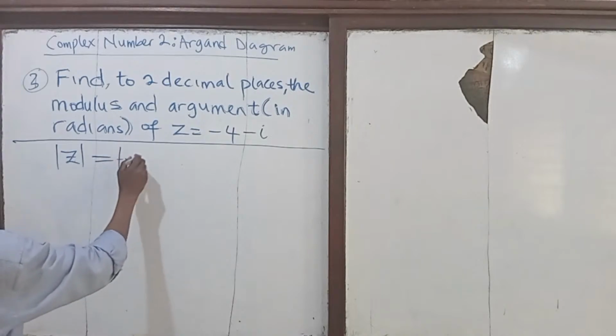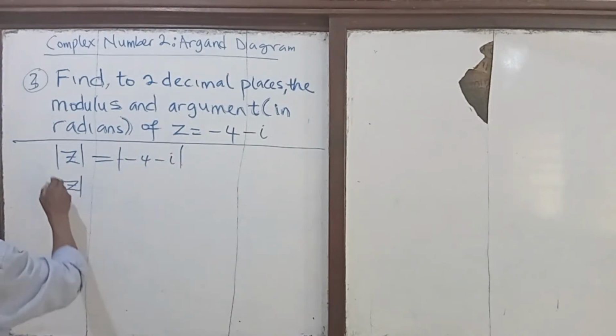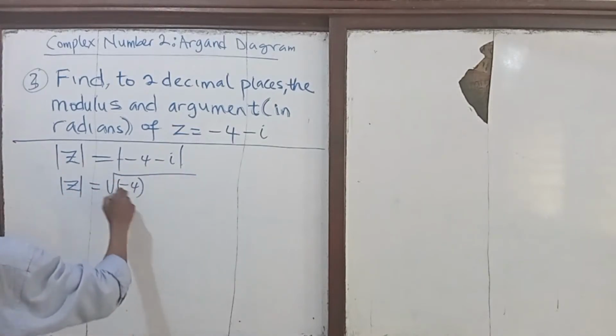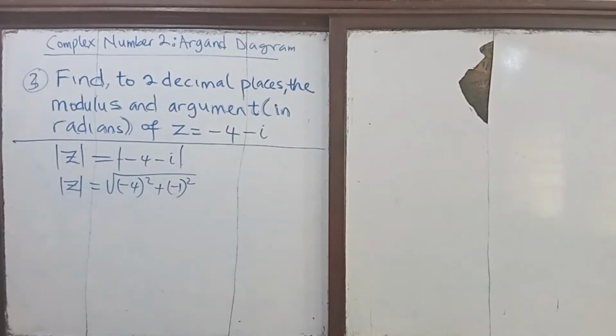It will be equal to the square root of (-4) squared plus (-1) squared, and that will give you 16 plus 1.